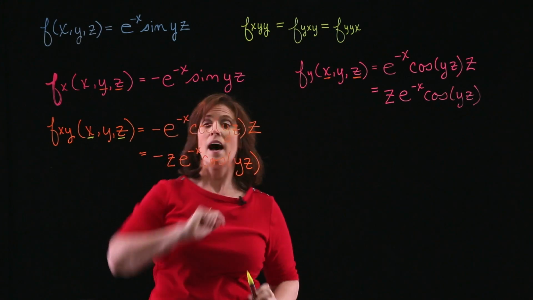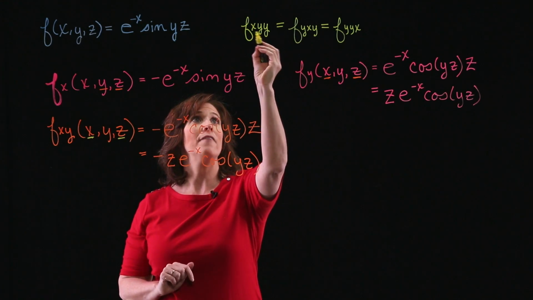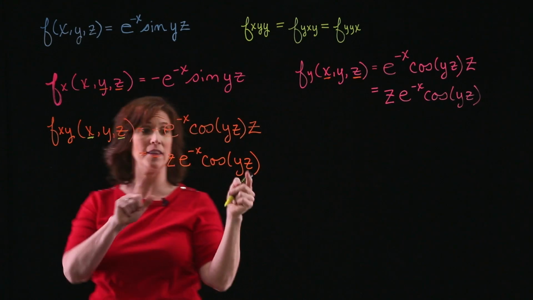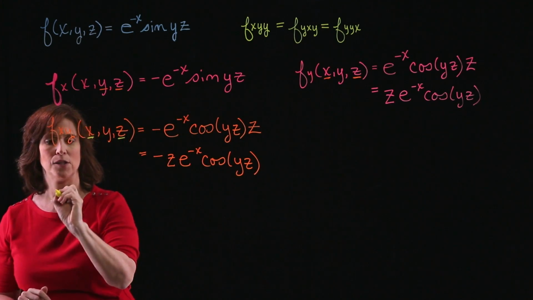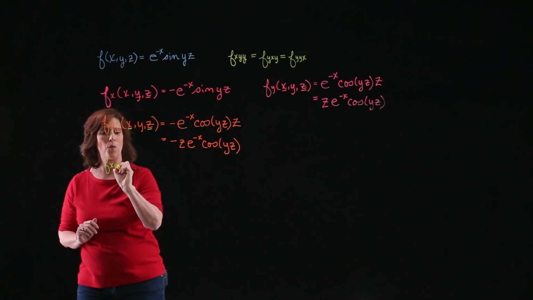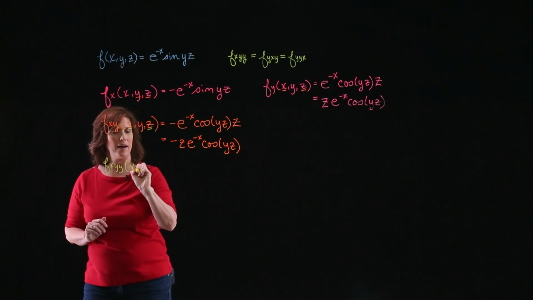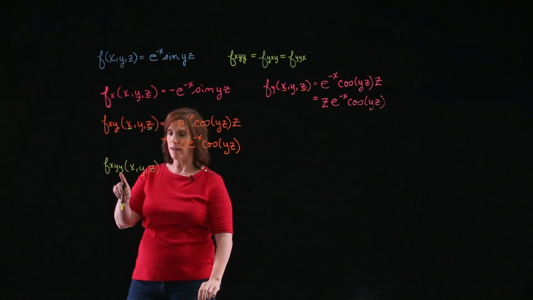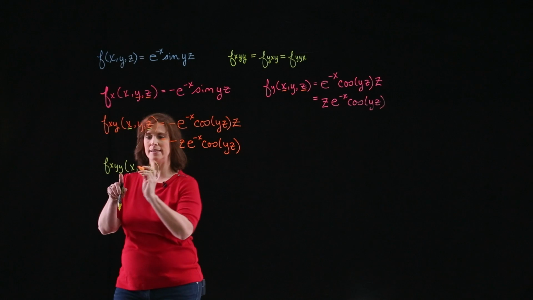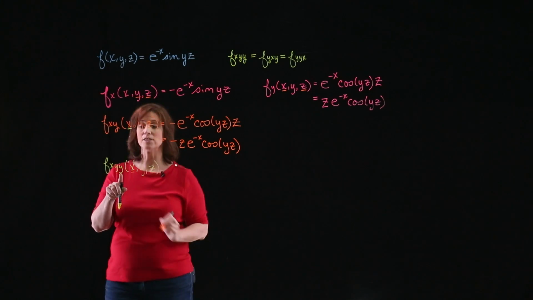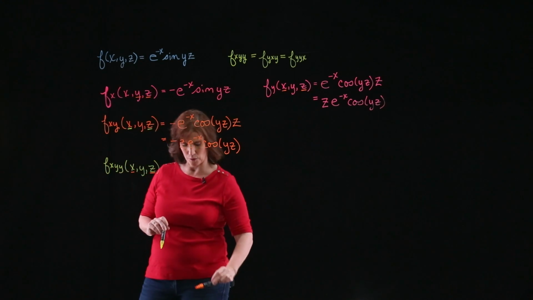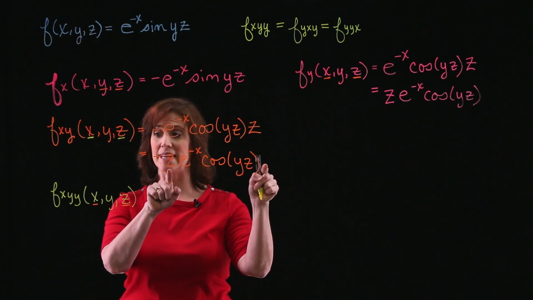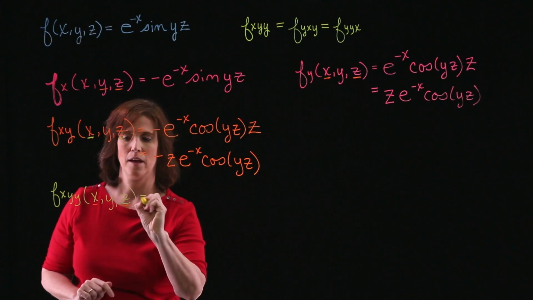Now, for my very first higher order mixed partial, I want fxyy. So I'm going to go ahead and take the derivative of this with respect to y. So I'll have fxyy of x, y, and z. And I'm going to be treating the x and the z as constants because I'll be differentiating with respect to y. So here's fxy, so I need to differentiate this with respect to y.